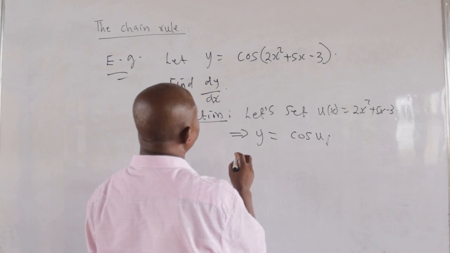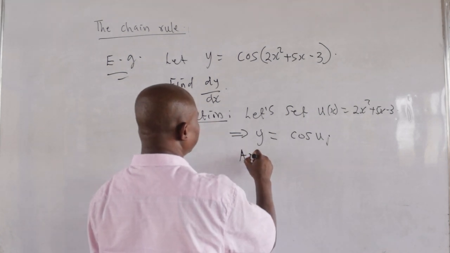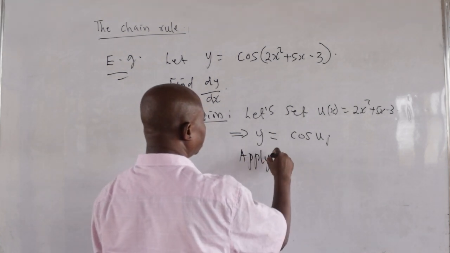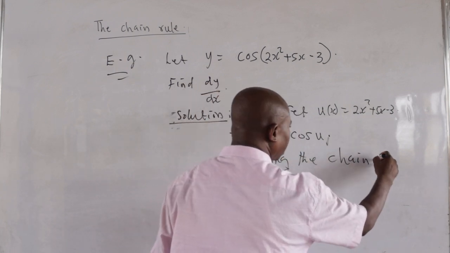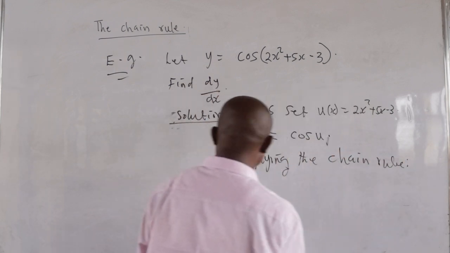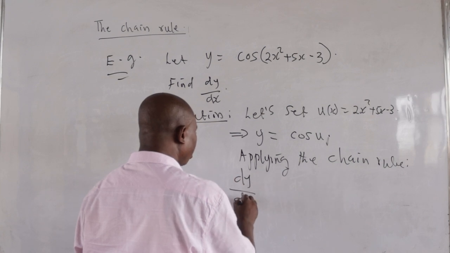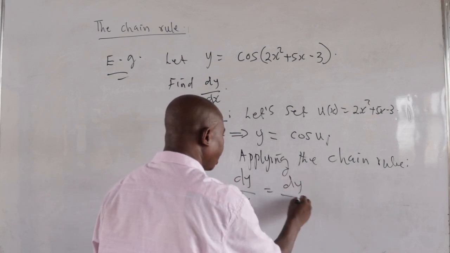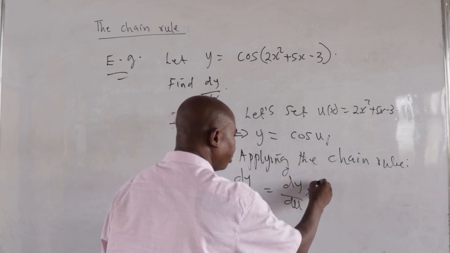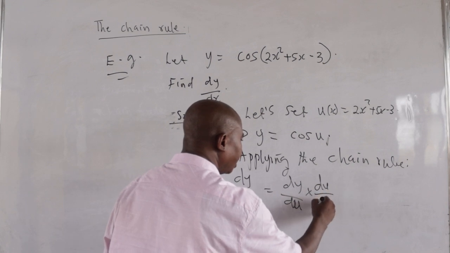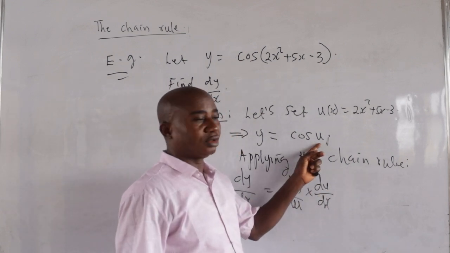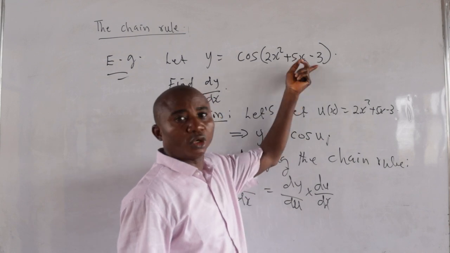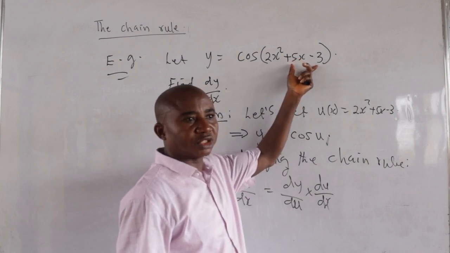So if we want to apply the chain rule, we know the chain rule. It says that dy by dx is dy by du multiplied by du by dx. Please, the fact that I'm using u to substitute for this function all the time is not sacrosanct.